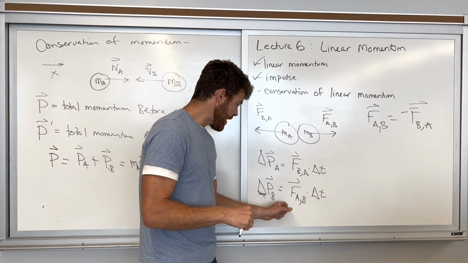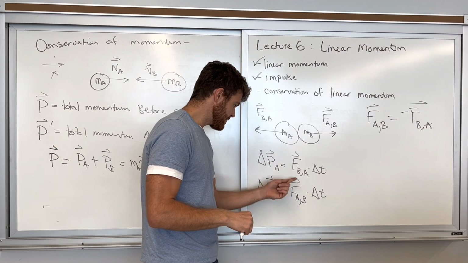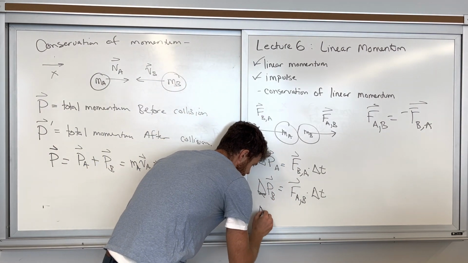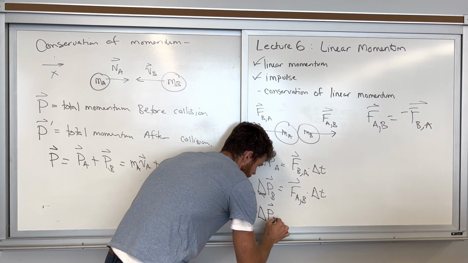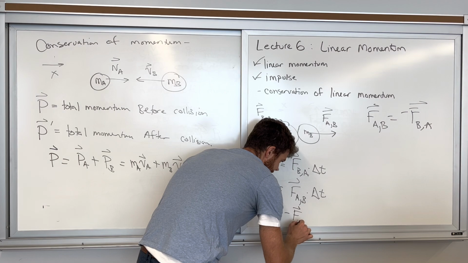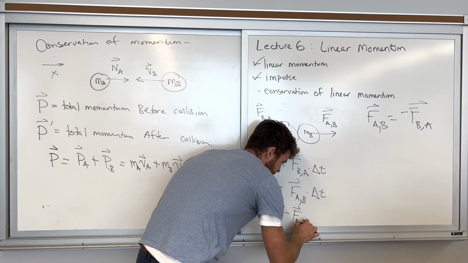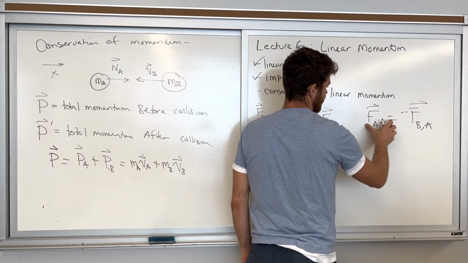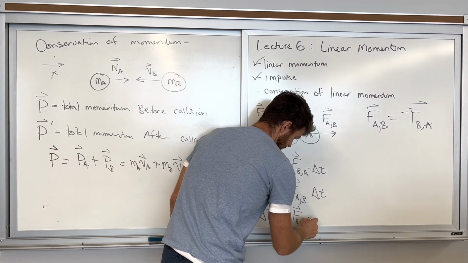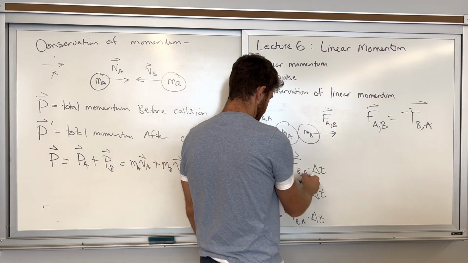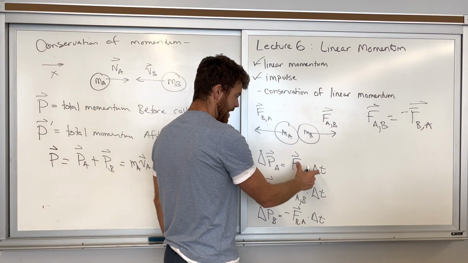So we could rewrite the change in momentum of ball B as negative the force of ball B on ball A. You can substitute the force of A on B with this times delta T, and you'll see that this is just the negative of that.